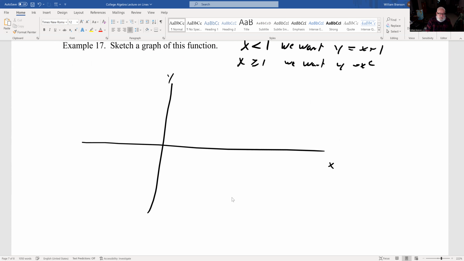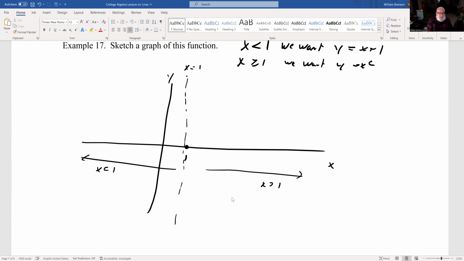This is x, this is 1. Y, here's 1. This is x bigger than 1. And to the left of that is x less than 1. So x equals 1 is this dividing line. And on this side, we want the graph of y equals x plus 1. And on this side, we want the graph of y equals x squared.